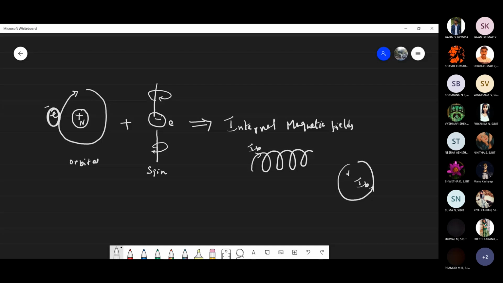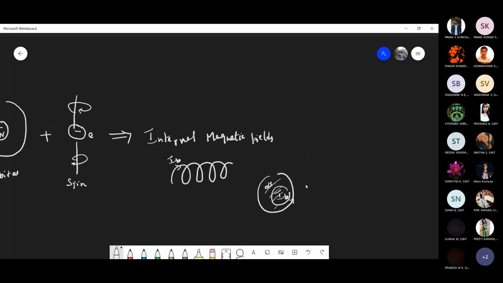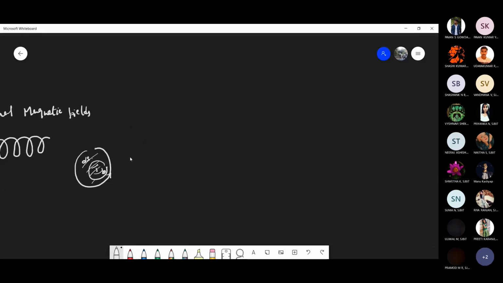So here you have a bound current I_B, which encloses a differential area of dS. So this area is dS, and the bound current is I_B. The magnetic moment, small m, is given by m equals the bound current times the differential surface area.